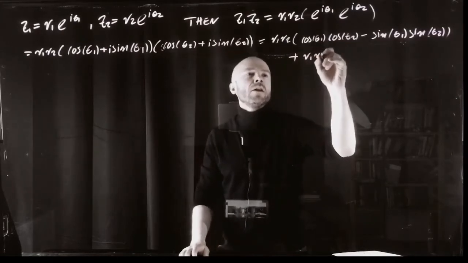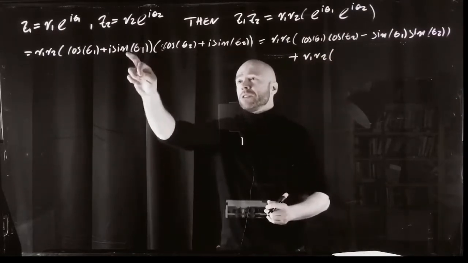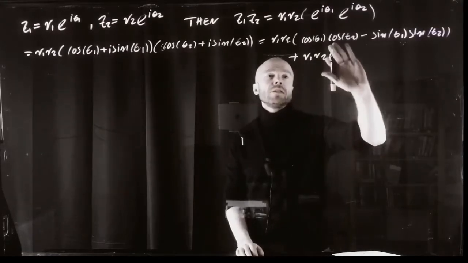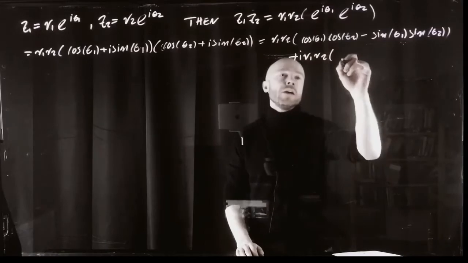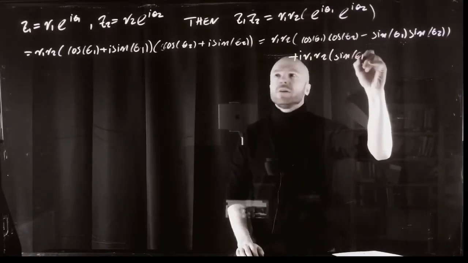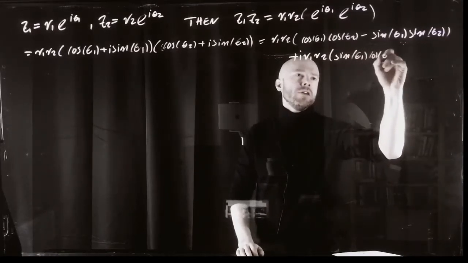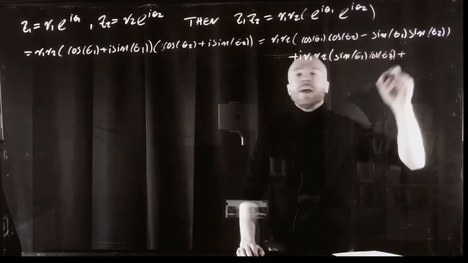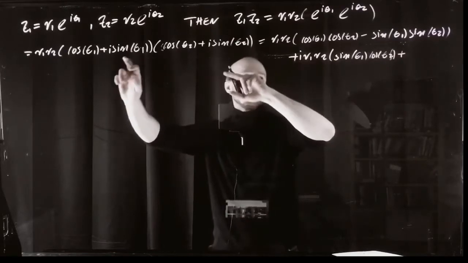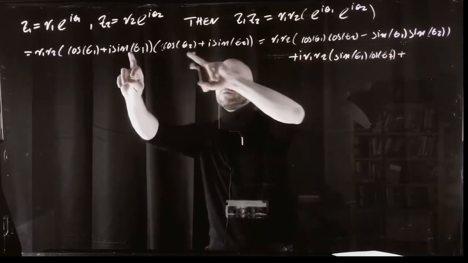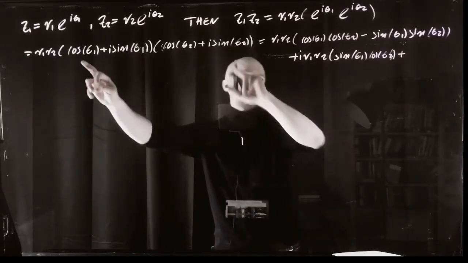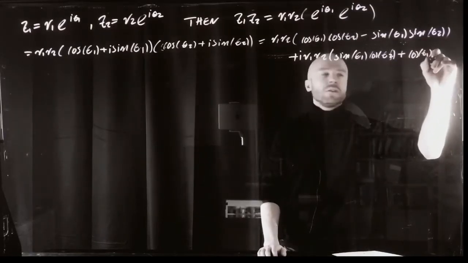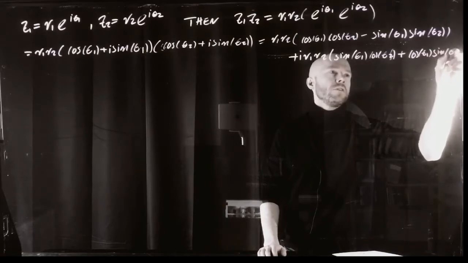And then r1 r2 and the imaginary parts, so let's put the i out here, and we're going to have sine of theta 1 cosine of theta 2, and then cosine of theta 1 sine of theta 2.